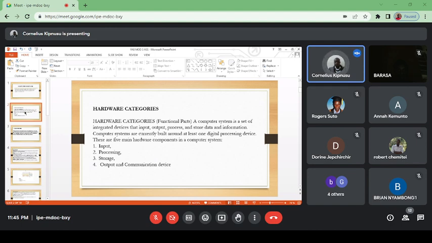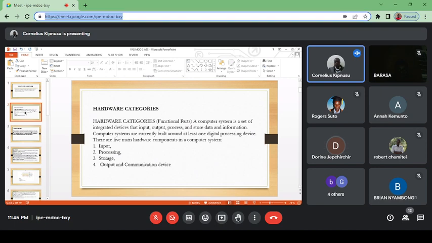There are four main hardware components in a computer system. Number one, we have the input, we have the processing, we have the storage, and last we have the output and communication devices. Class, are we together?